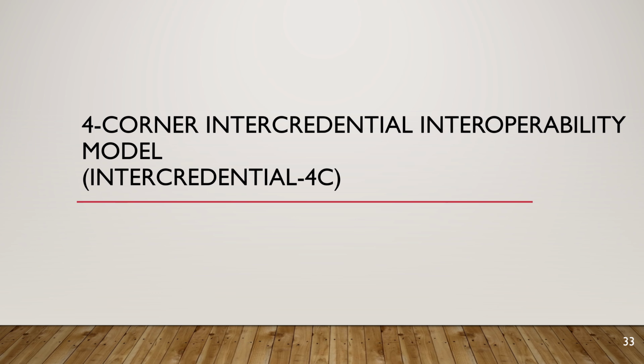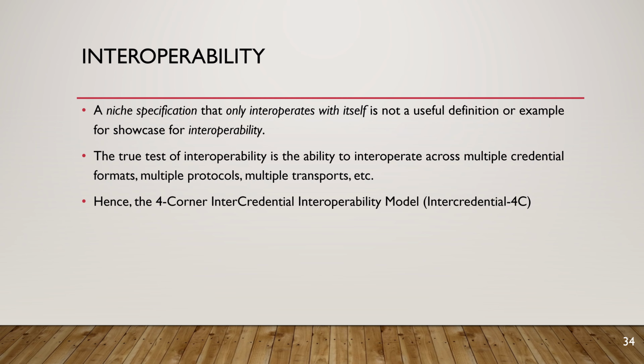The 4-corner InterCredential interoperability model. This is brand new in this presentation. So a few comments about interoperability in general. If you have a niche specification that only interoperates with itself, it's not really a useful definition, example, or showcase for interoperability.